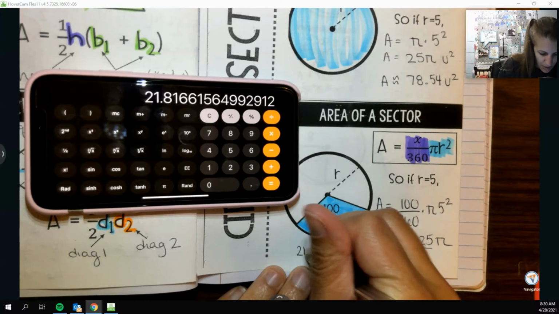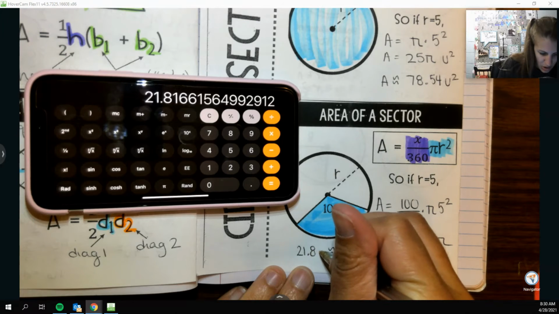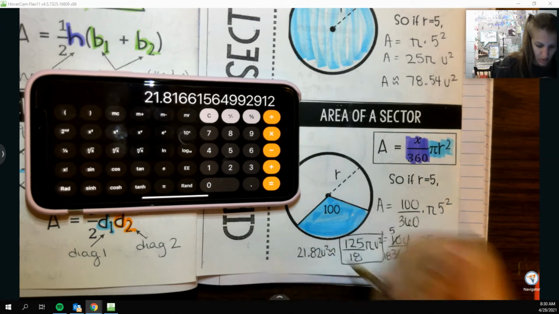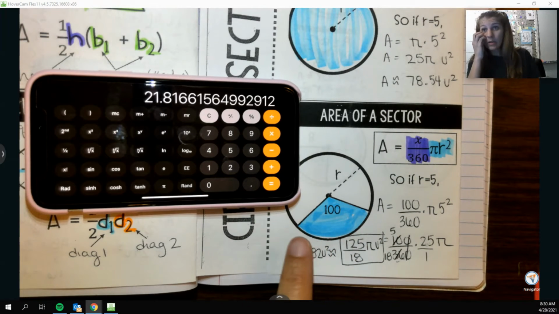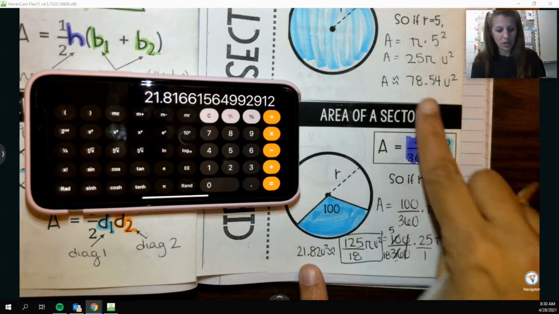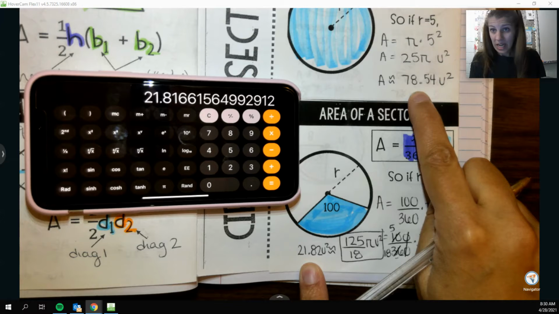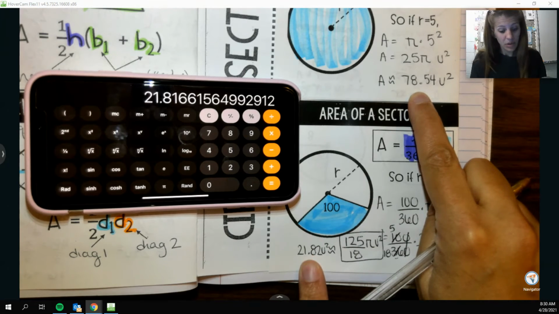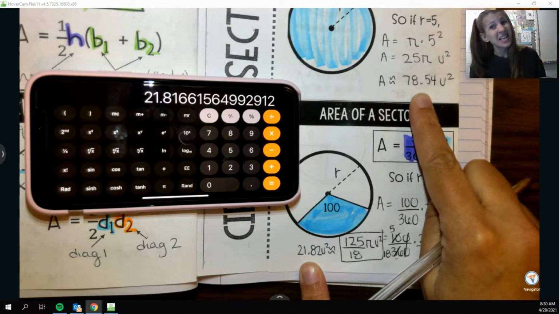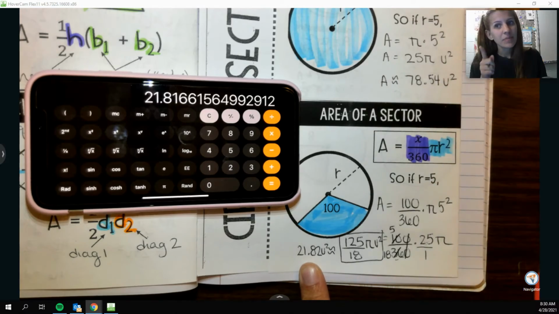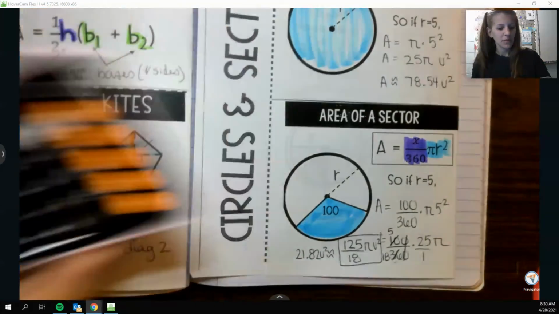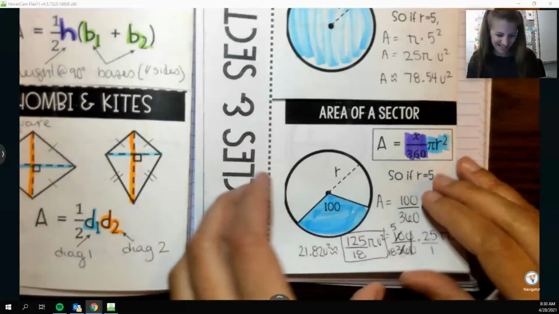So 21.82 units squared. And again, that's not the whole circle. If you remember, the whole circle was 78.54 units. This is only 21 units. So you didn't eat the whole pizza. Good for you. Okay, let's try a bunch more of those.